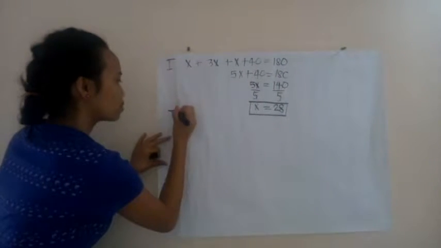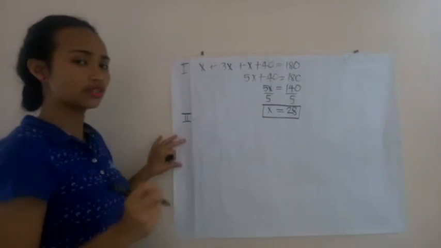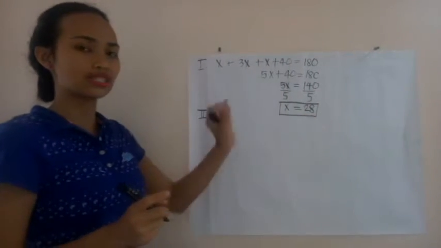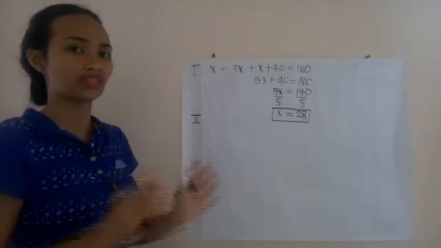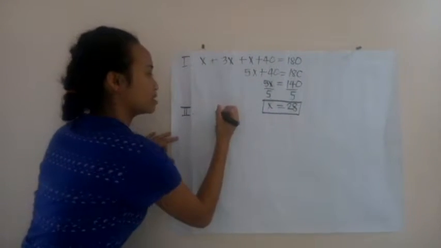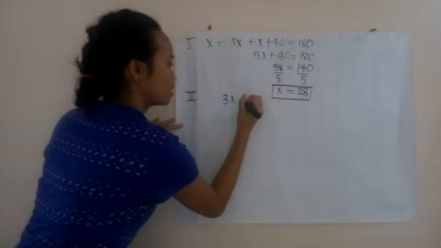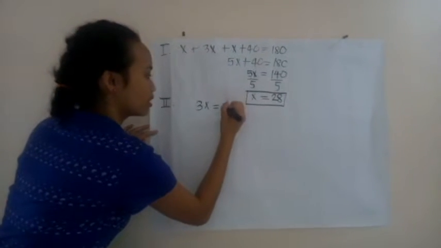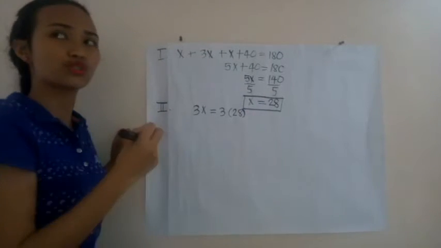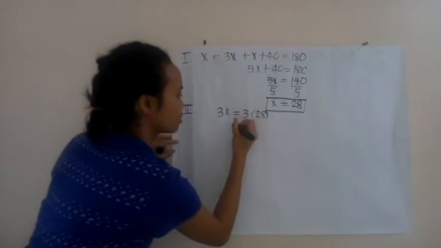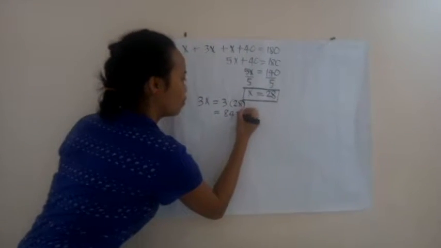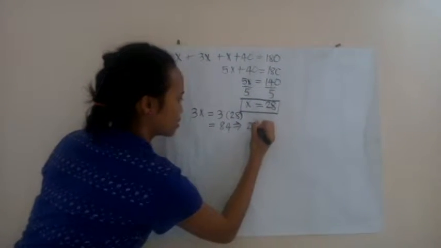Next, let's solve for the second and third piece. You must substitute the value of x in the second and third piece in order to get their values. Since the second piece is 3x, it is 3 times 28. 3 times 28 is 84. So 84 is the second piece.